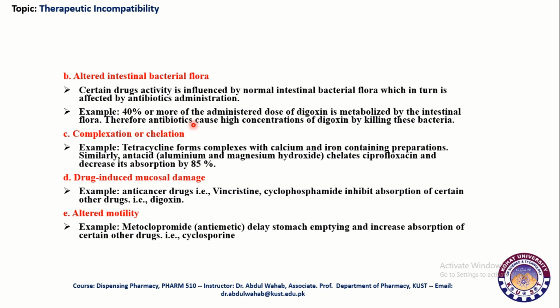Therefore, antibiotics cause high concentration of digoxin by killing these bacteria. Similarly, complexation: tetracycline forms complexes with calcium and iron containing preparations. Similarly, antacids, aluminum and magnesium hydroxide, chelate ciprofloxacin and decrease its absorption by 85%.